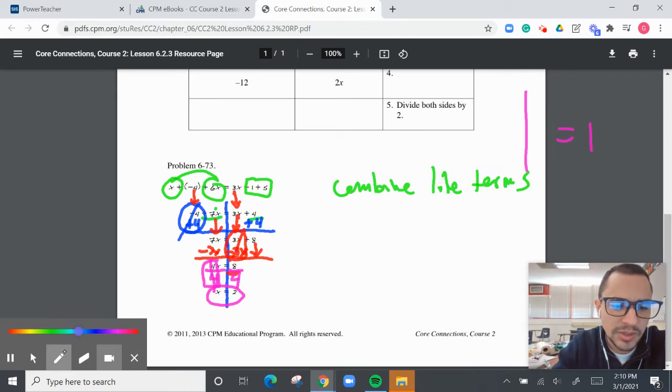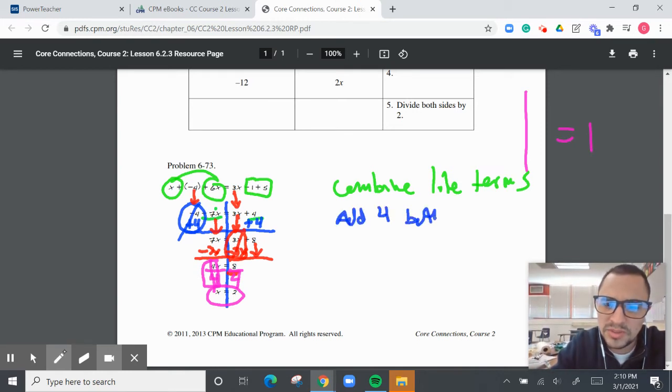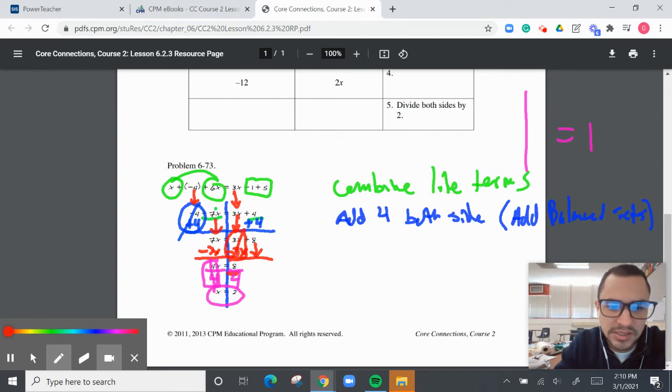All right, so then we combined like terms. And then the next thing we did was blue, and that was add for both sides, which is also adding balanced sets. And then we have the red, which was we have the 3x and so we have 7x.